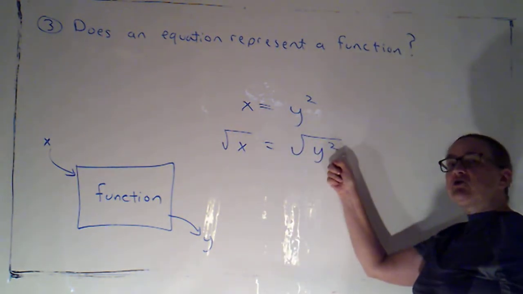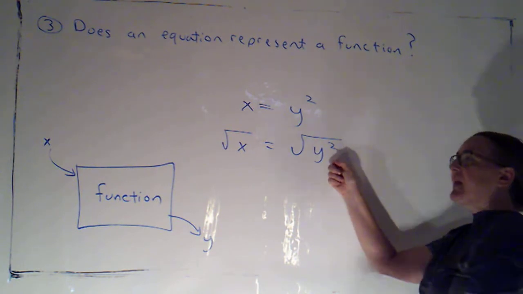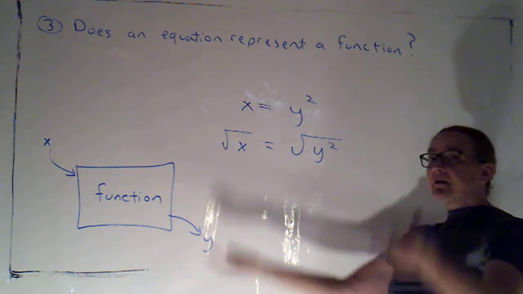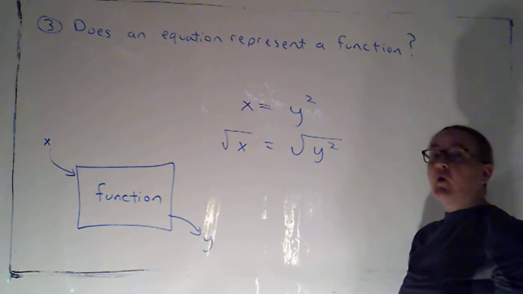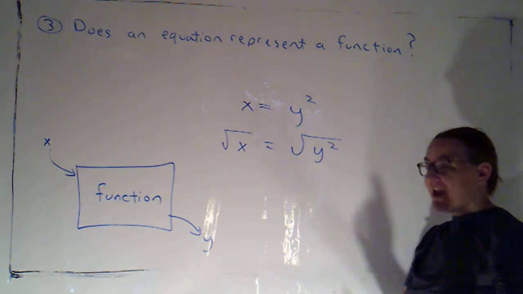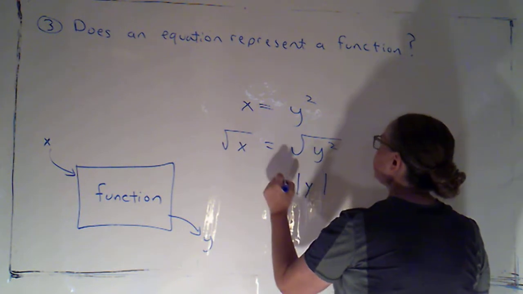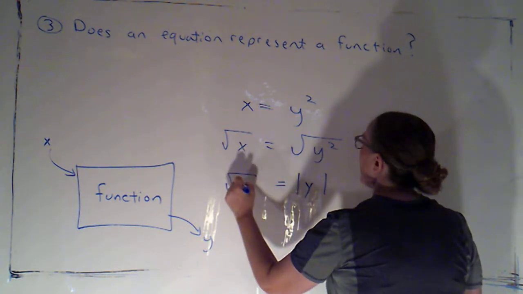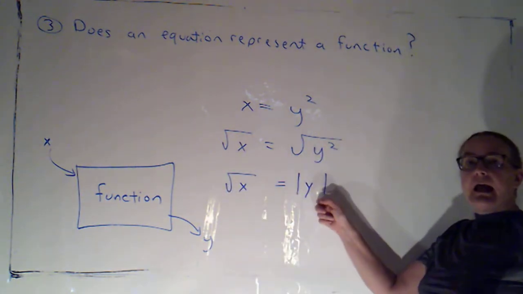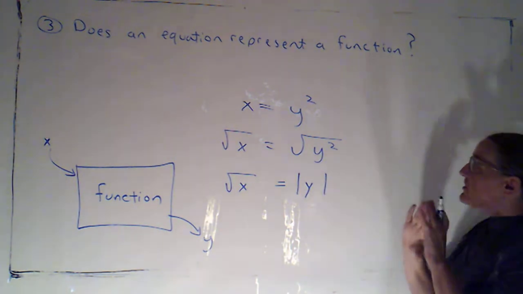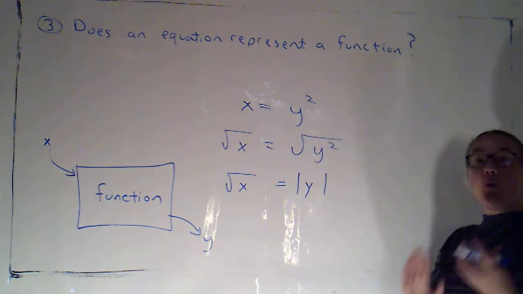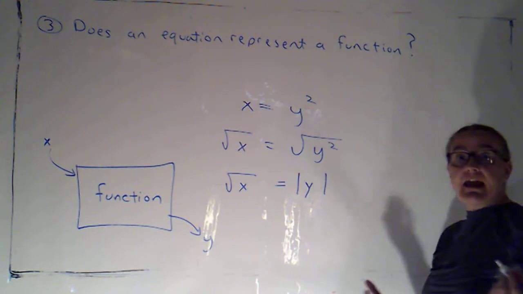But I have to be super, super careful here. A lot of times people want to say, oh, the square root of y squared, that's just y. And it's not. The square root of y squared is the absolute value of y. That's because there's nothing that tells me whether y is positive or negative.